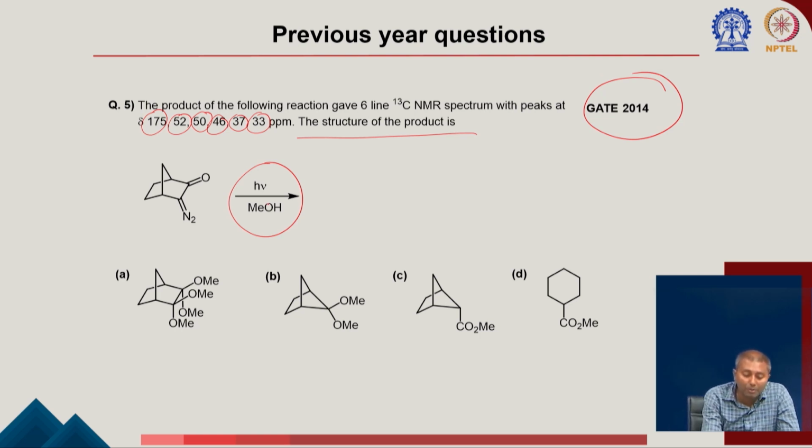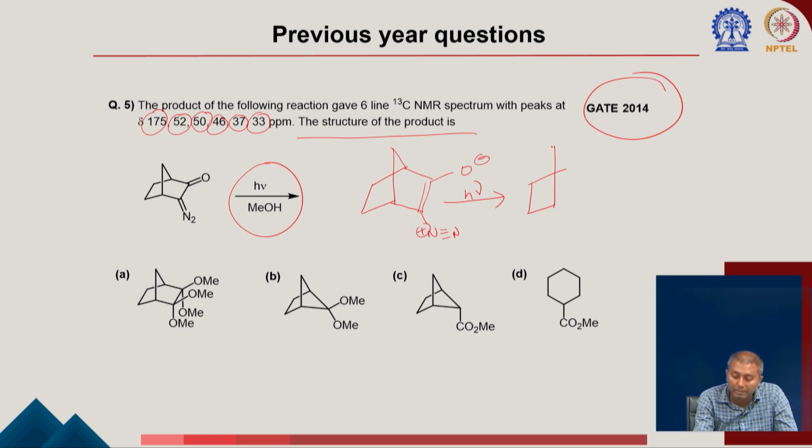And again, what is going to happen once you use h nu under the methanol condition, this diazoketone is going to convert to, so first if you are going to write them like this, you can also think about writing like this at the beginning, like as O minus, and they will participate under h nu to form the corresponding ketene, so that can allow you to form the corresponding ketene here. Okay.